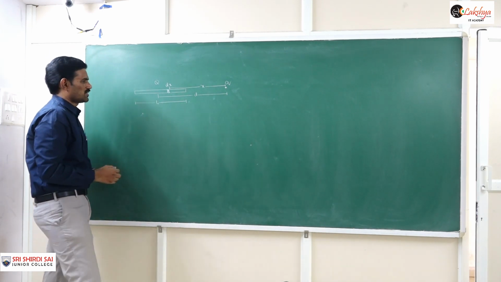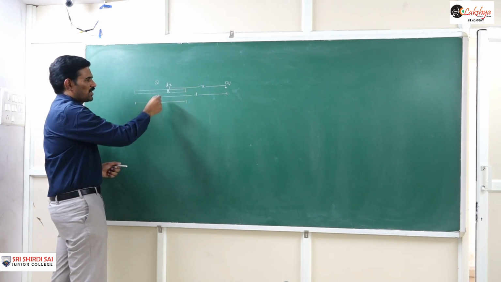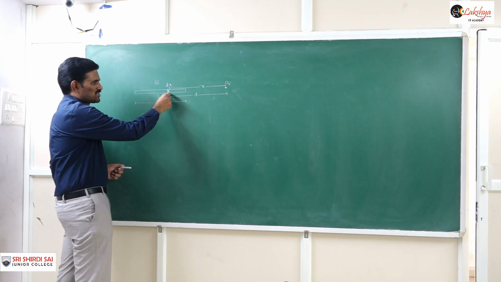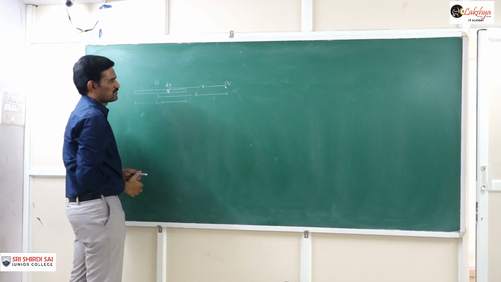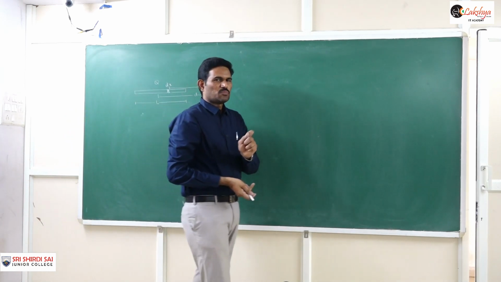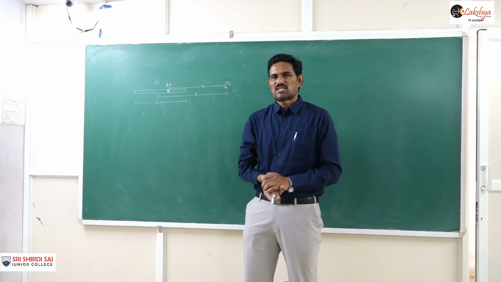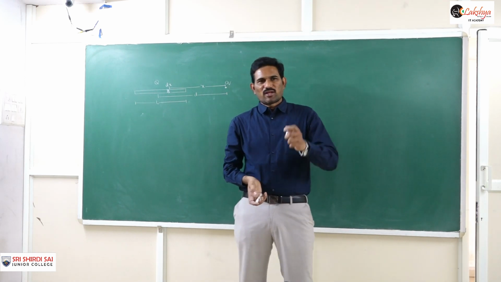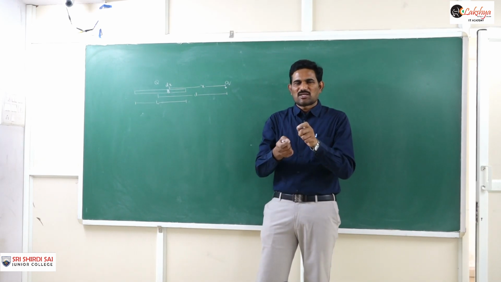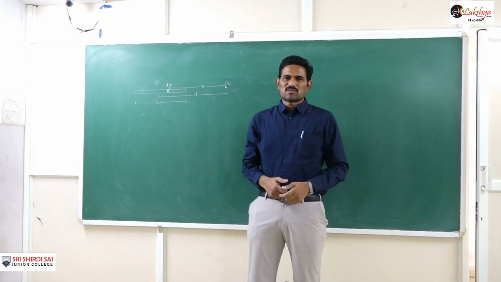So now let us see here, to solve this, first we are taking the small element and now we need to find the force between this small element and this point charge. And we are taking the small element such that it is very small, such that it can be taken as a point charge. Because our point charge definition is nothing but when the size of this charge is negligible when compared to the distance between them, you can treat that as a point charge.